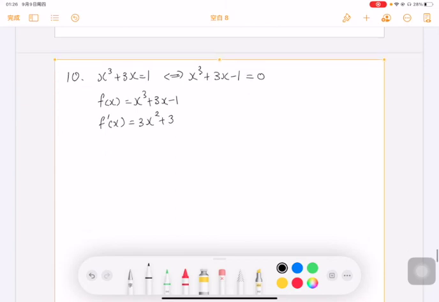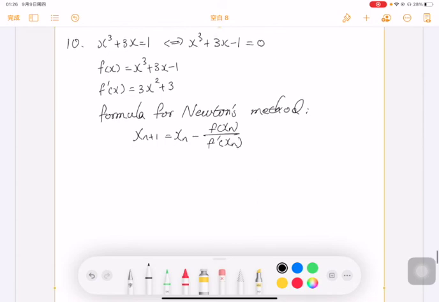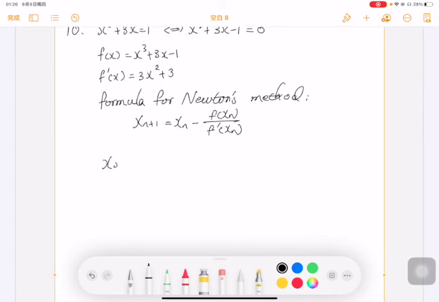Now Newton's method has this formula: x_{n+1} equals x_n minus f of x_n divided by f prime of x_n. Our x1 is 0.